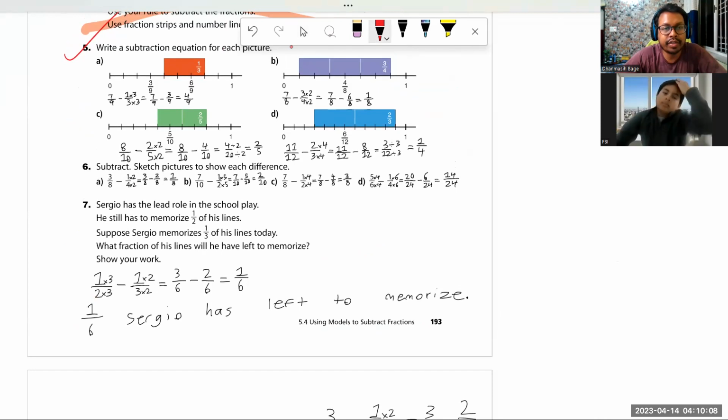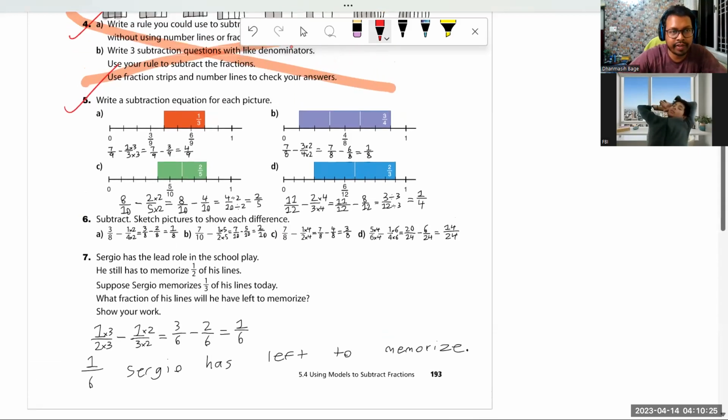Subtract, sketch pictures to show each difference. Yeah, sketch difference. See, here you have to do exactly the same thing. Difference, you have done it. I can see this thing.